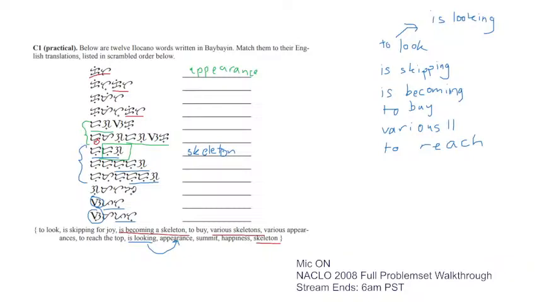It would be something with this. Like this could be some kind of indicator of a single thing, and then this could be an indicator of a plural. But then what would this be?